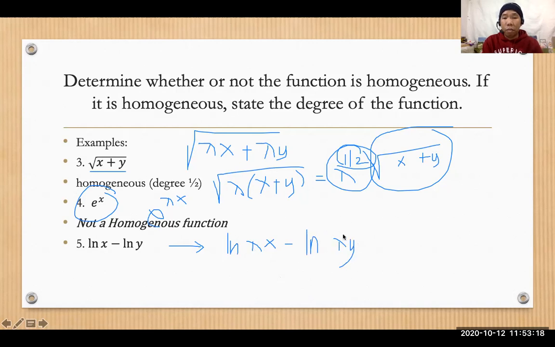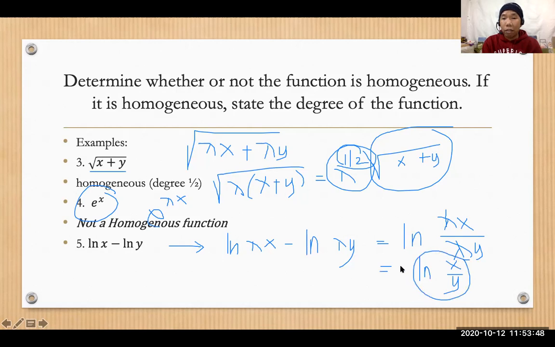But if you transform this using the property of logarithmic functions, the argument becomes lambda x over lambda y. In this case, you can cancel lambda, giving us ln of x over y. As you can see, there's no lambda in the given function.